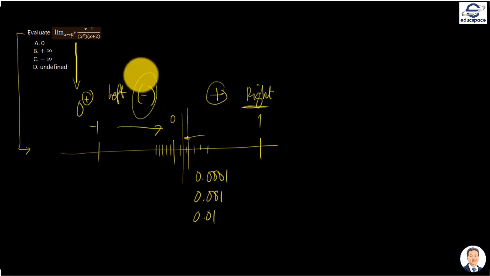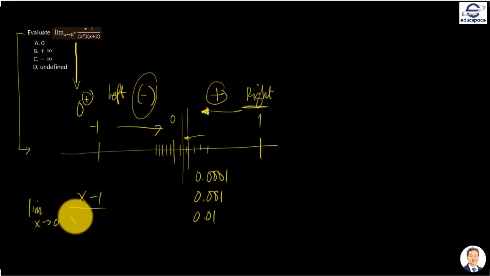So what is the value of this function when x approaches 0 in this direction from the right? Again, here it is important to apply the principle. There's no shortcut in here. So we have again x squared times x plus 2. If we take this as positive, what does it mean?